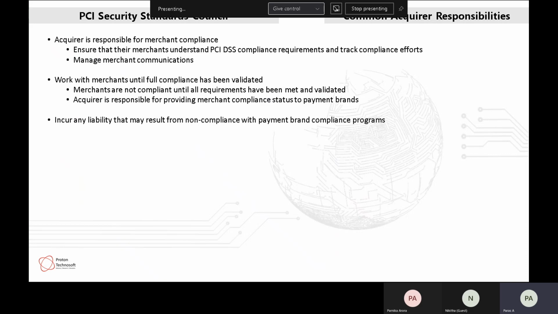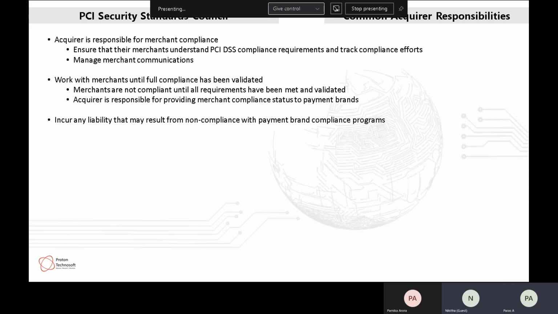So if Proton Technosoft gets breached tomorrow and payment card details get compromised, then Razorpay will be a party to that breach, and whatever liability Visa or MasterCard puts on Proton will also be shared. Razorpay will also be a party to that liability. Hence the role of an acquirer is very, very risky.